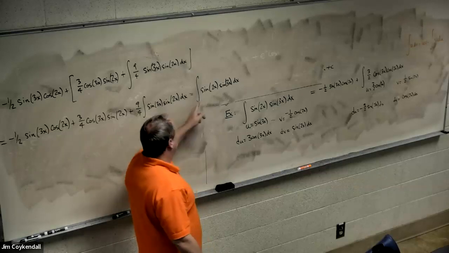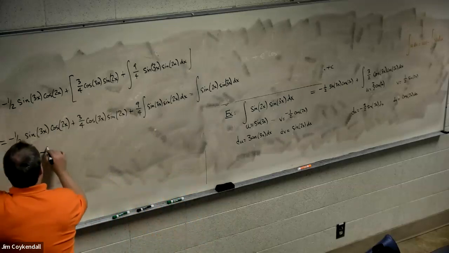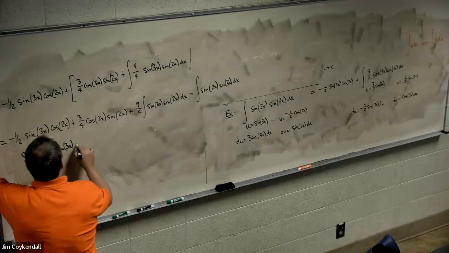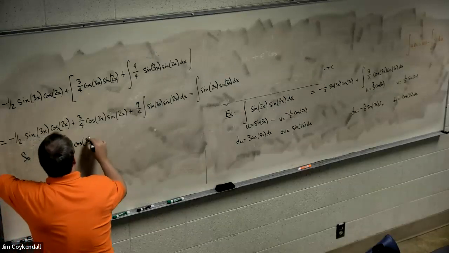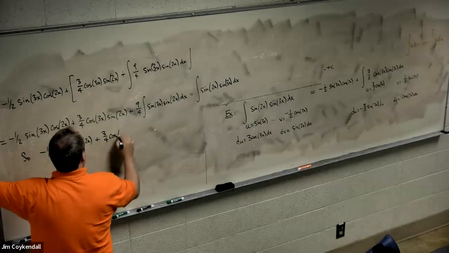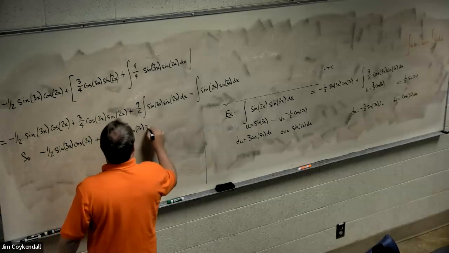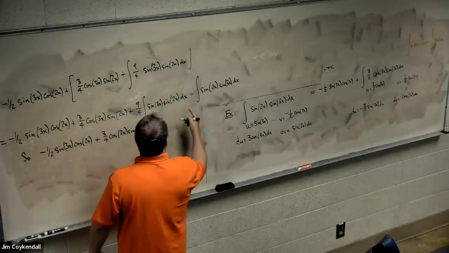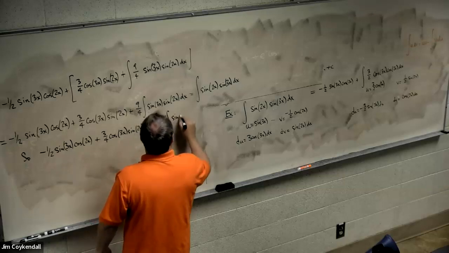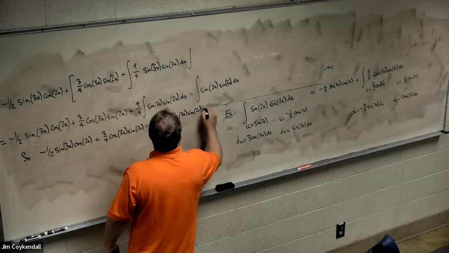9/4 spread, so I get minus 1/2 sine 3x cosine 2x plus 3/4 cosine 3x sine 2x is equal to, looks like, minus 5/4 integral of sine 3x sine 2x.